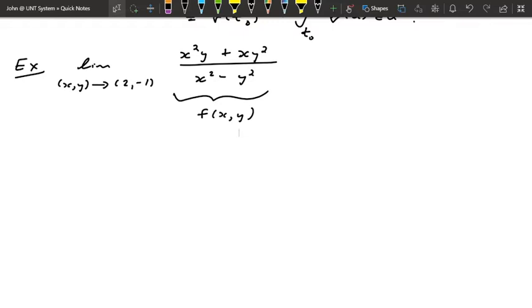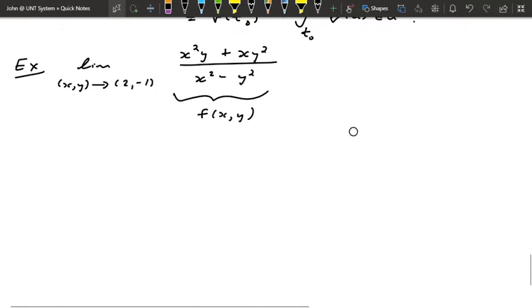Now, we're taking the limit as we approach the point (2,-1), which is not one of the points for which x squared minus y squared is equal to 0. All right, so this is going to be a continuous function, at least if you're close enough to (2,-1).